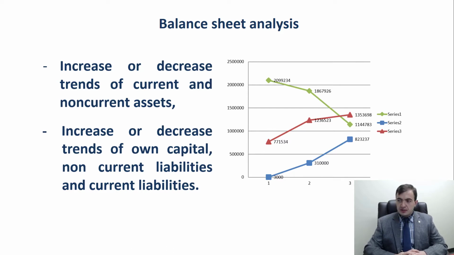So here you can see that assets and liabilities and the equity of the company have different trends, and this shows very easily what's going on in the company, if it's growing, if it's declining, and this is a very useful tool.